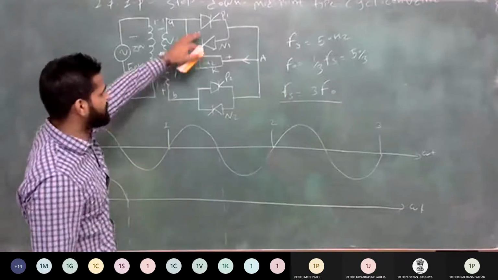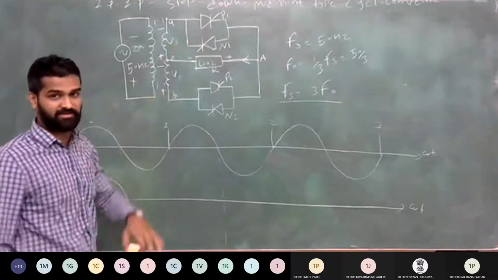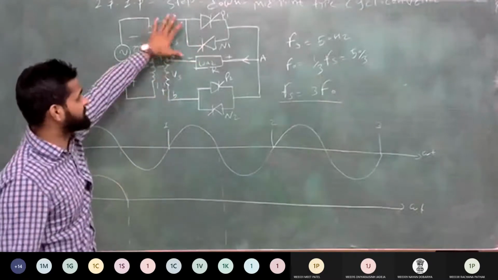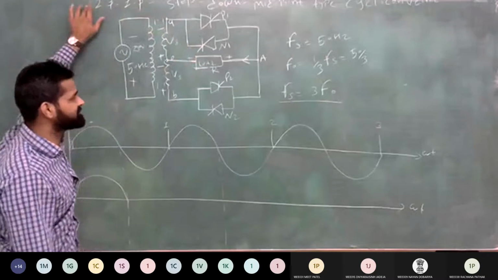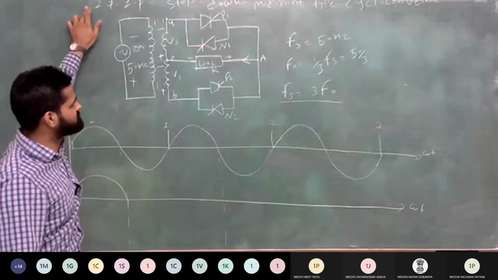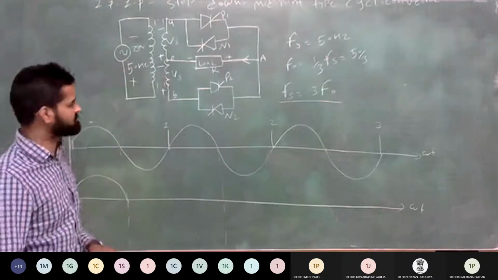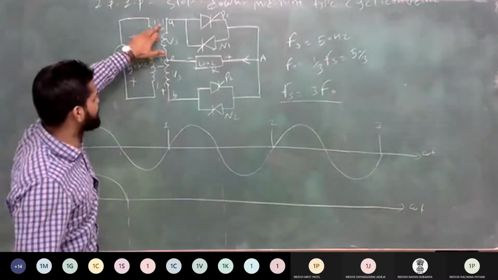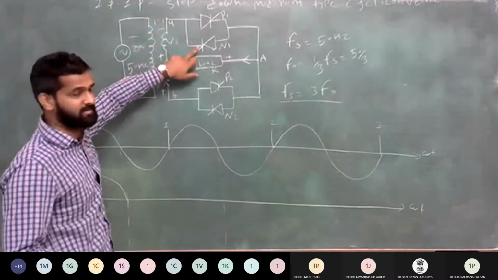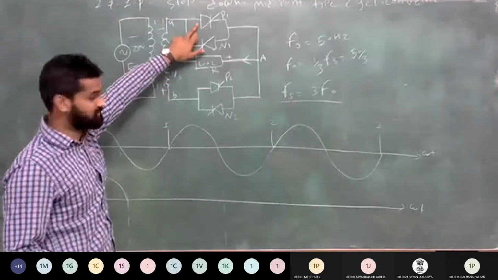So now for the negative cycle of supply, you again require the positive voltage. Which thyristor is in forward bias and gives the positive voltage? See here, A terminal is negative, which is connected with the cathode of N1, so it is in forward bias, where P1 is in reverse bias.